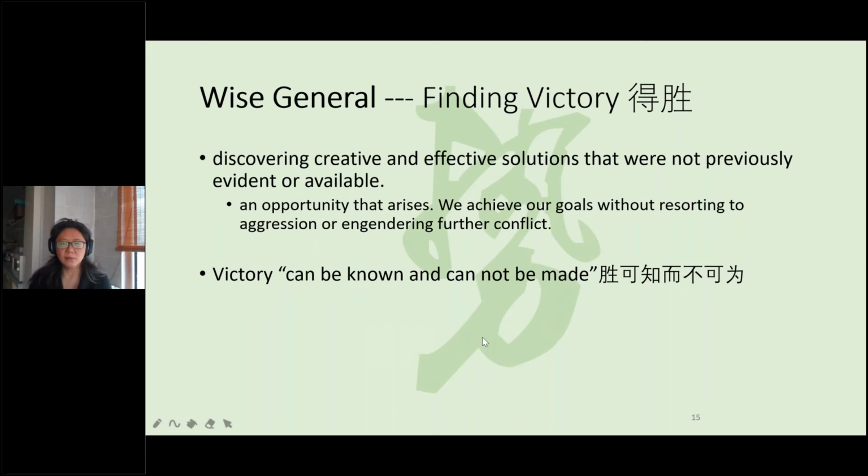So the real victory that Sun Tzu is looking for, and that every leader nowadays is seeking, is a victory that in the long term wouldn't cause more conflict. And that is the victory that's worth working for.